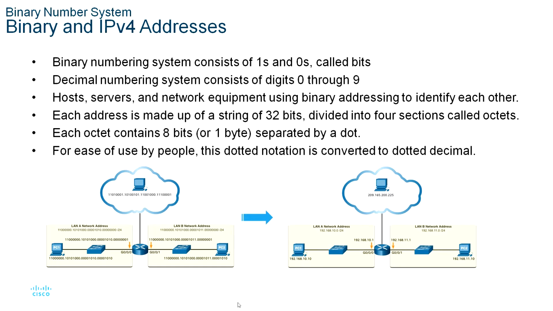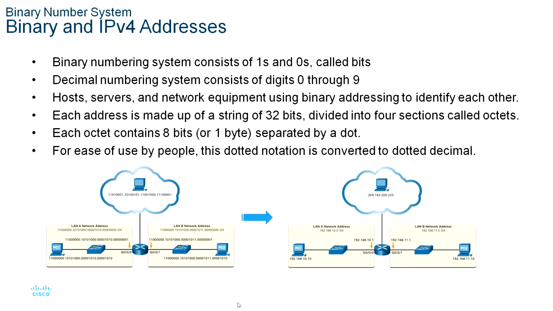This topic shows you a few ways to do this. Binary is a numbering system that consists of the digits 0 and 1, called bits. In contrast, the decimal numbering system consists of 10 digits, 0 to 9. Binary is important for us to understand because hosts, servers and network devices use binary addressing.